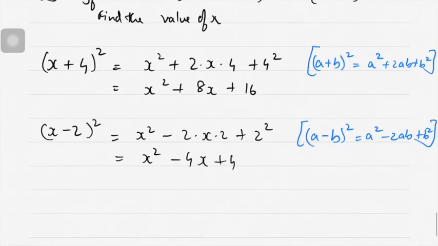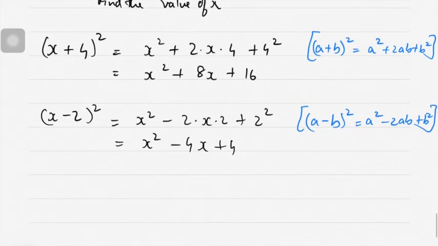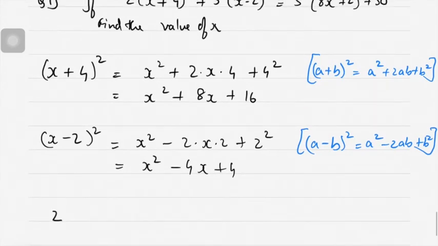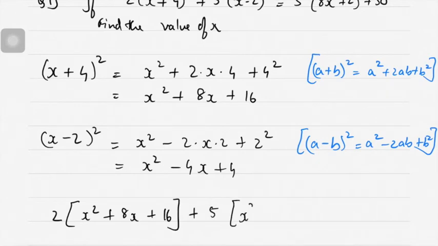So 2 into x square plus 8x plus 16 plus 5 into x square minus 4x plus 4 is equal to 5 into 8x plus 2 plus 30.